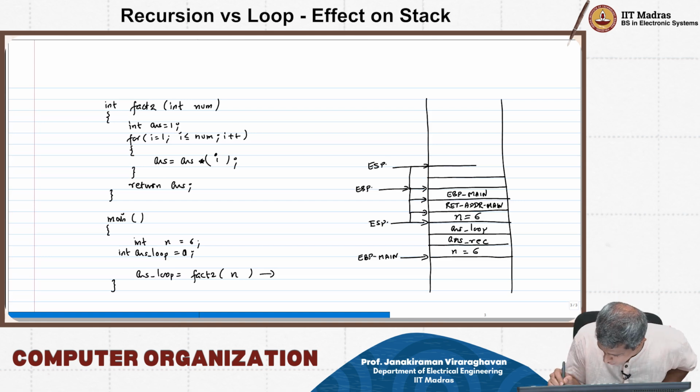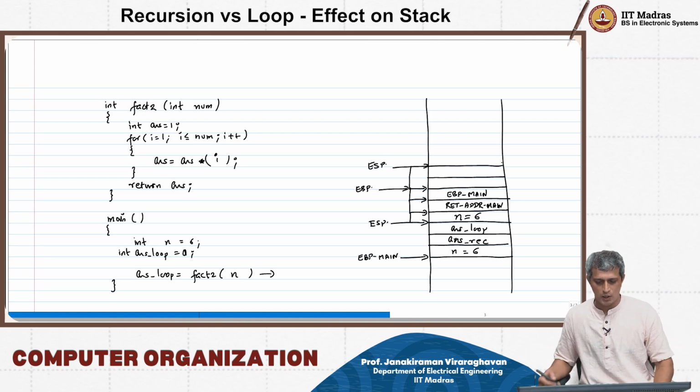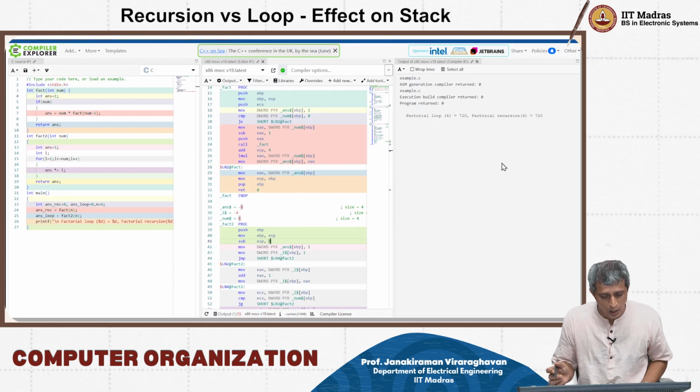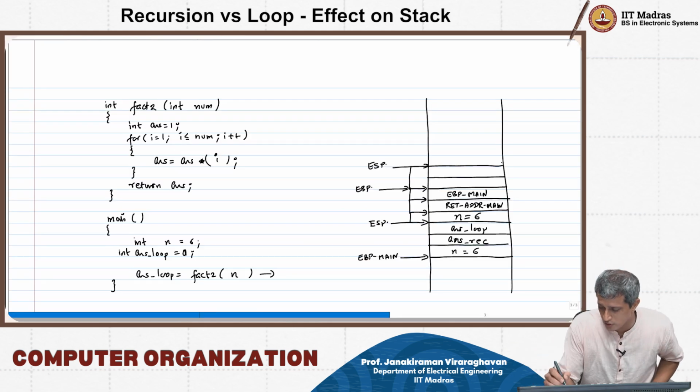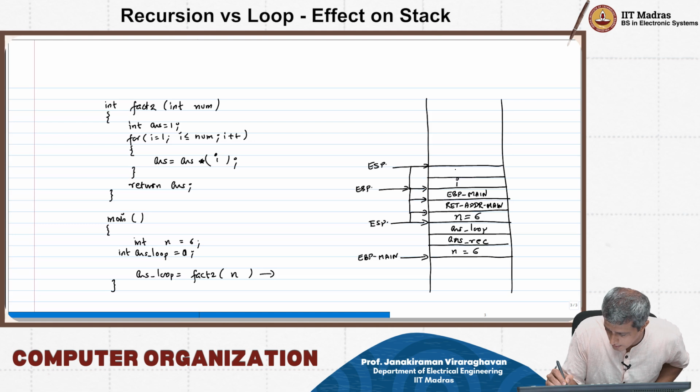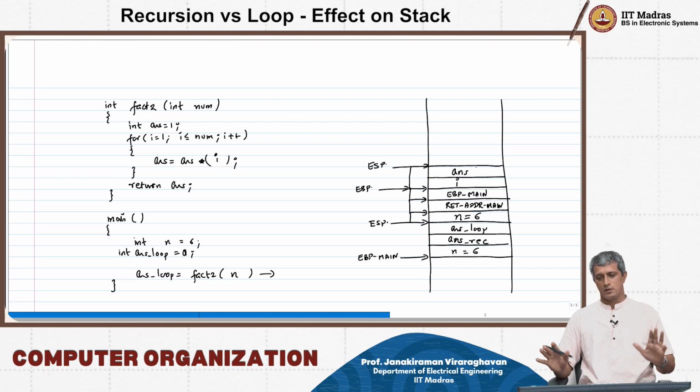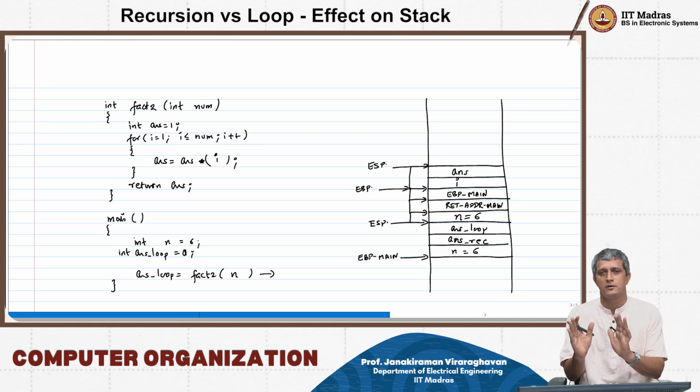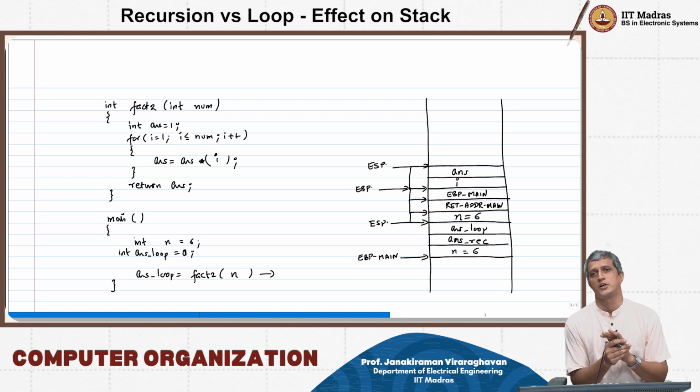So I believe EBP minus 4 is the local variable I, and this is my local variable answer. Okay, this is all the stack that is needed in order to execute this loop function.